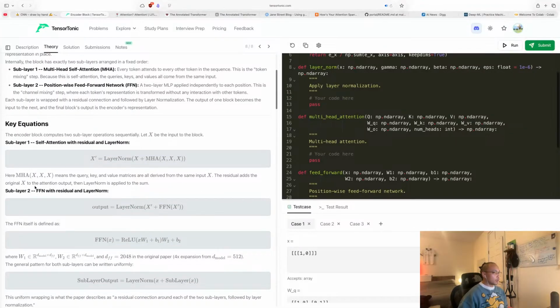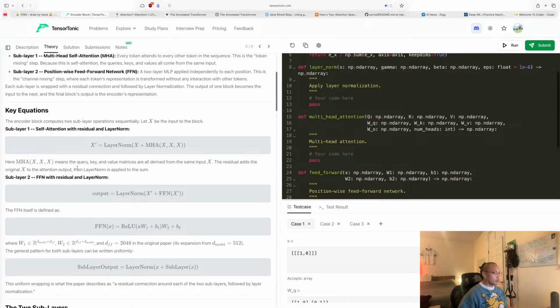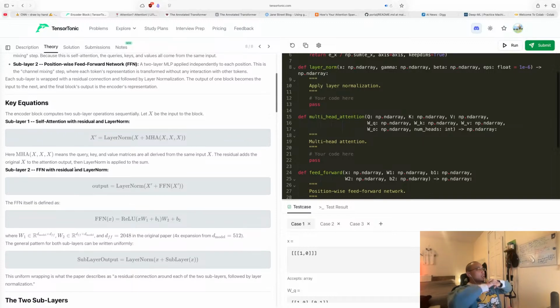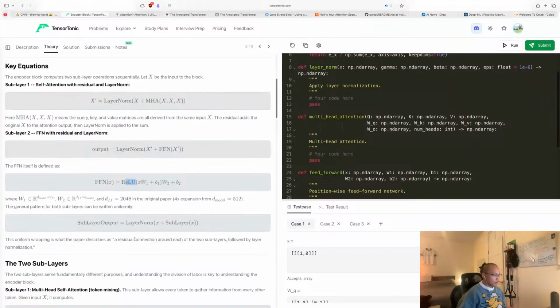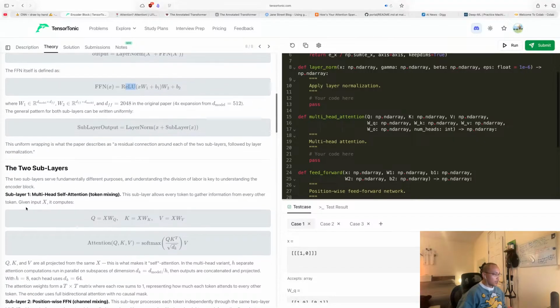The residual adds the original x to the attention output, and then layer norm is applied. Oh, yeah, I think earlier I said softmax, but the activation function is ReLU. Dimension of feed forward to sublayer output, okay.